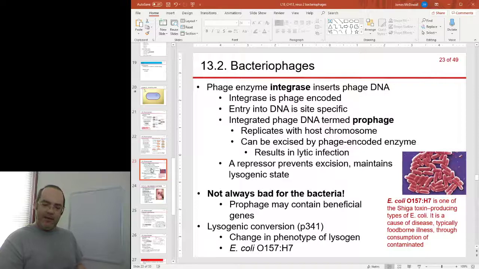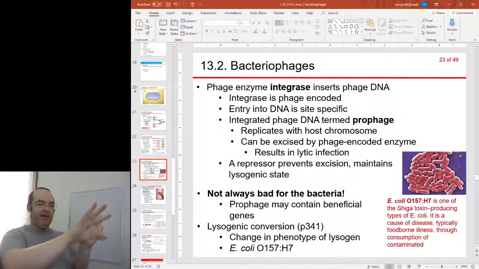In fact, the virus, in inserting its genome and giving the bacteria a new set of genes, those genes then are transcribed and translated by the bacteria as it goes about its day-to-day business. They can be transcribed and translated into proteins that alter the bacteria's ability.